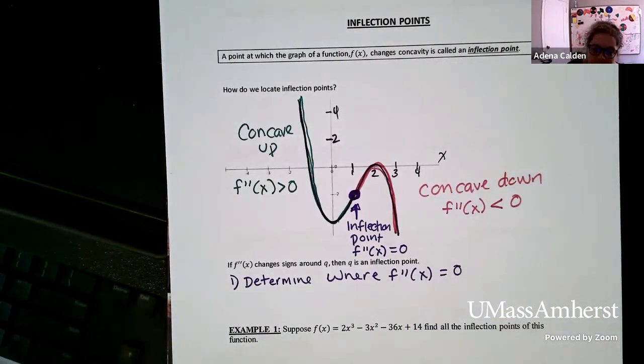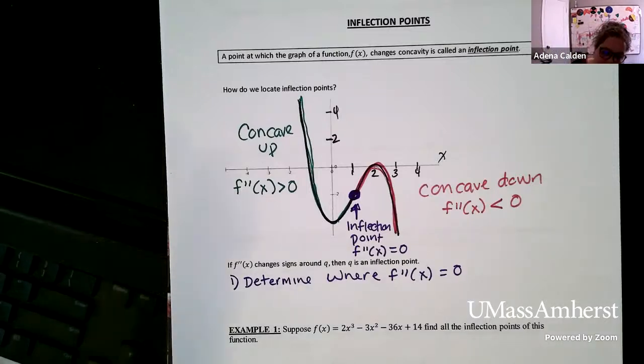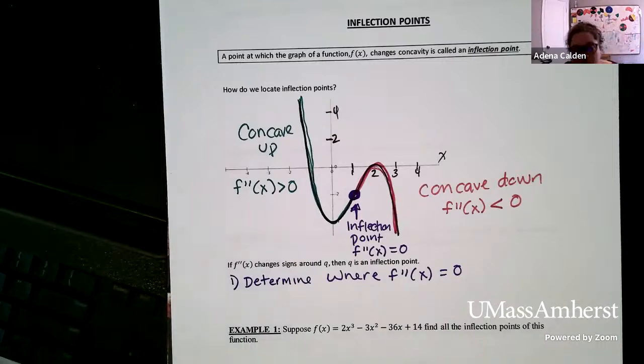So if you have an inflection point, then the second derivative will be 0 at that point, okay? This statement only works in one direction, which means if the second derivative is 0, it could be an inflection point, but it might not be. So we have to check.